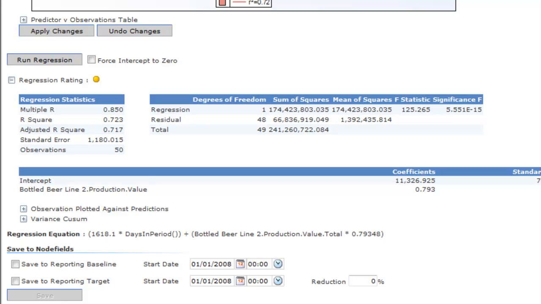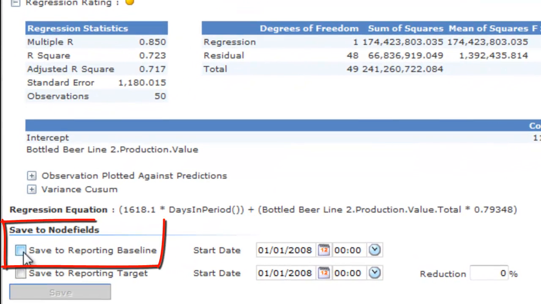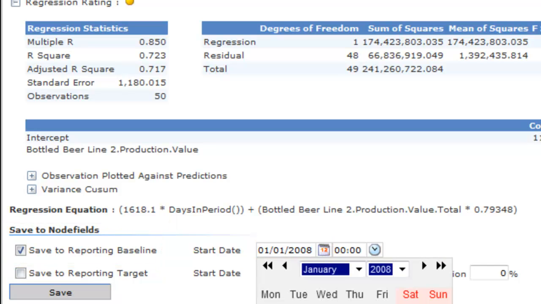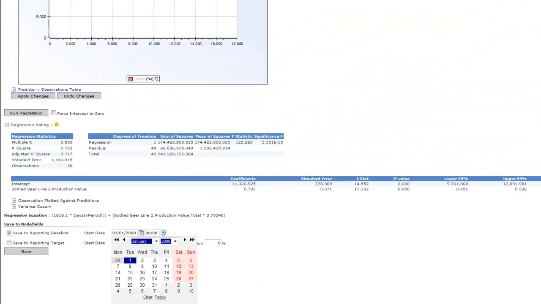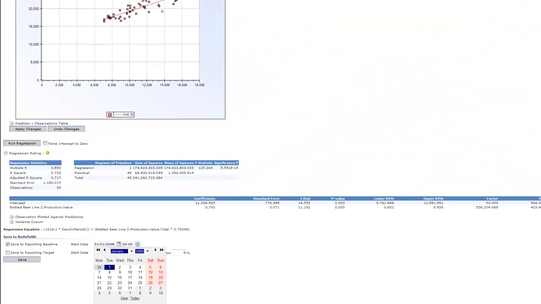Once I'm happy with the analysis, I could establish that equation to be my baseline, and again perform that by selecting a particular date in which I would like that baseline to be established as one of my reporting parameters.